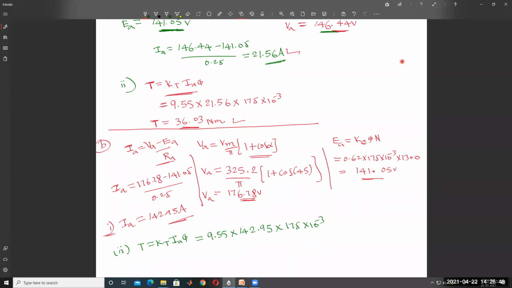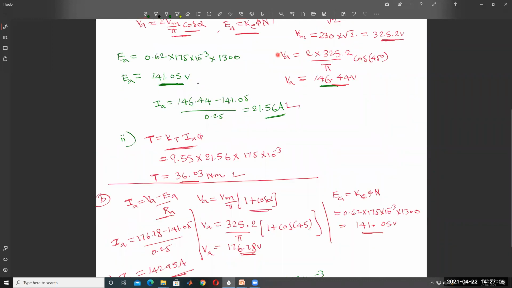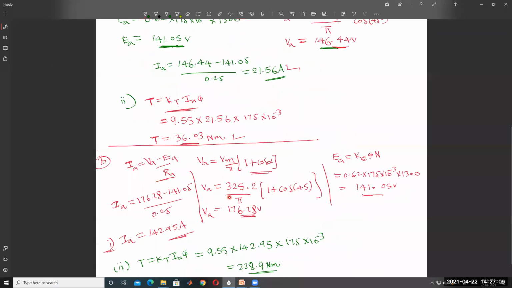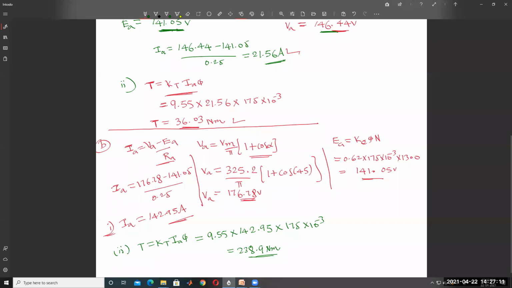Then you will get approximately 238.9 Newton meters. So this is for semi-converter, and this is for full converter. These are the different answers for this problem. Understood?